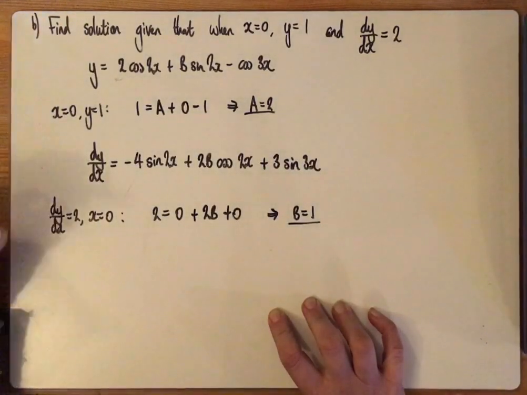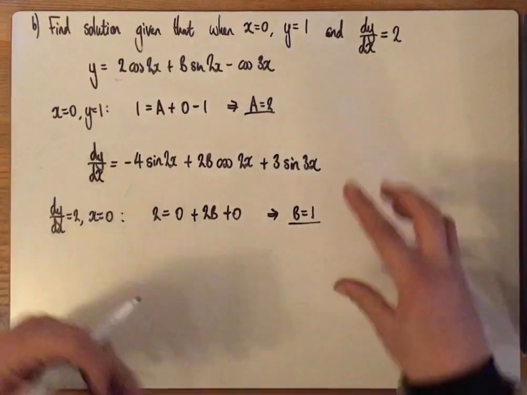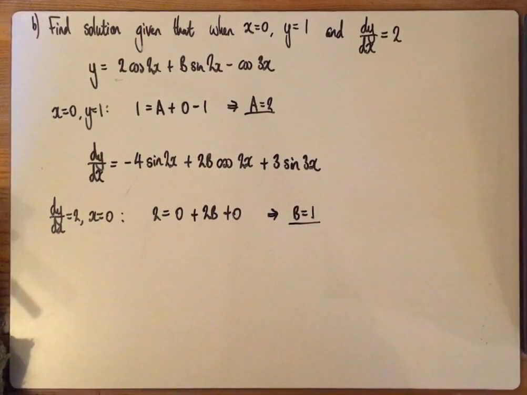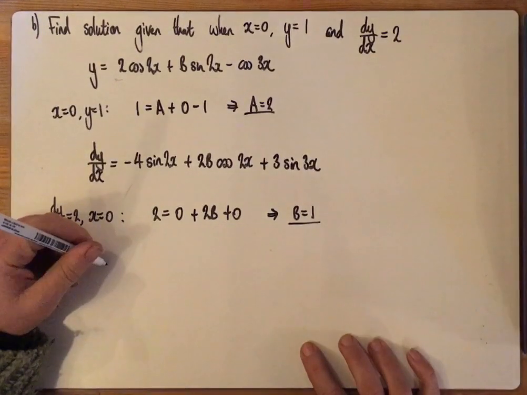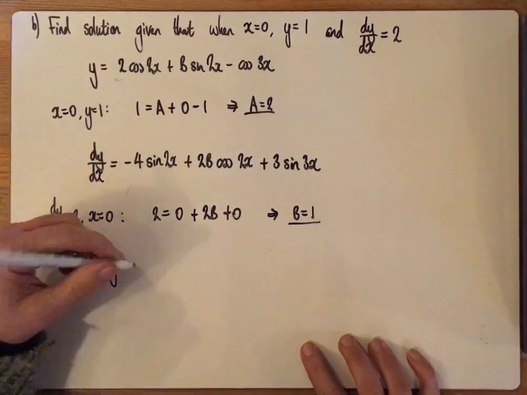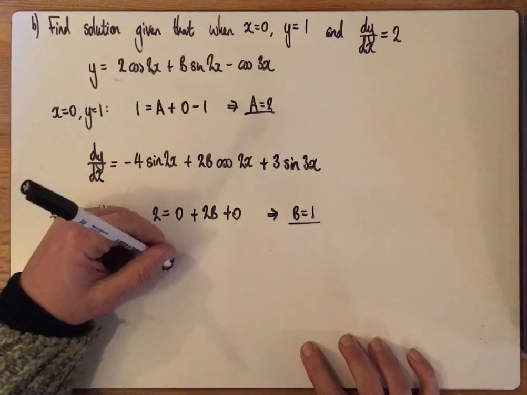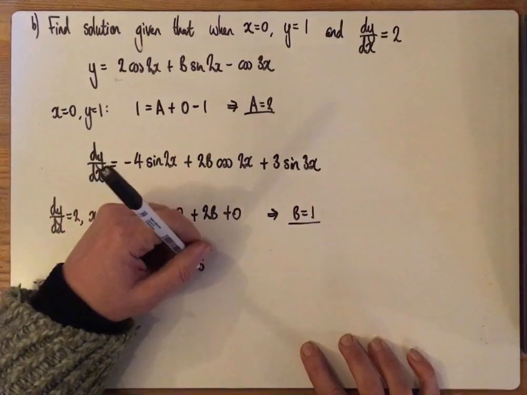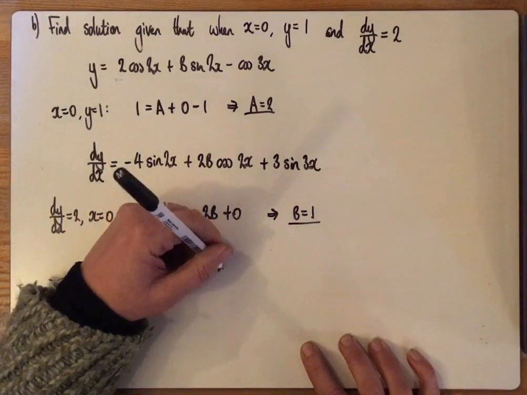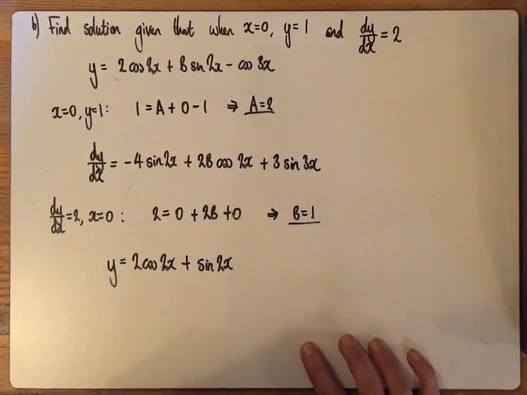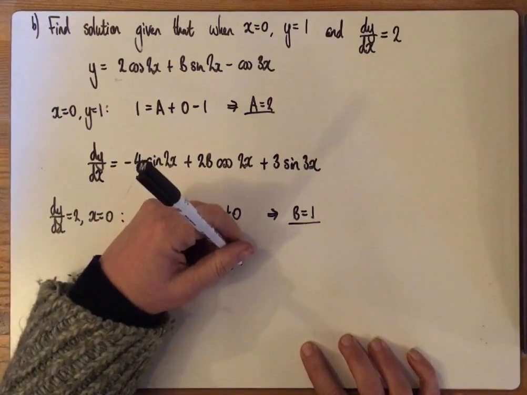Sometimes, depending on the particular integral, you get a couple of simultaneous equations from there, but it won't get any worse than that, I promise. And so y is equal to 2 cos 2x plus sine 2x minus cos 3x.